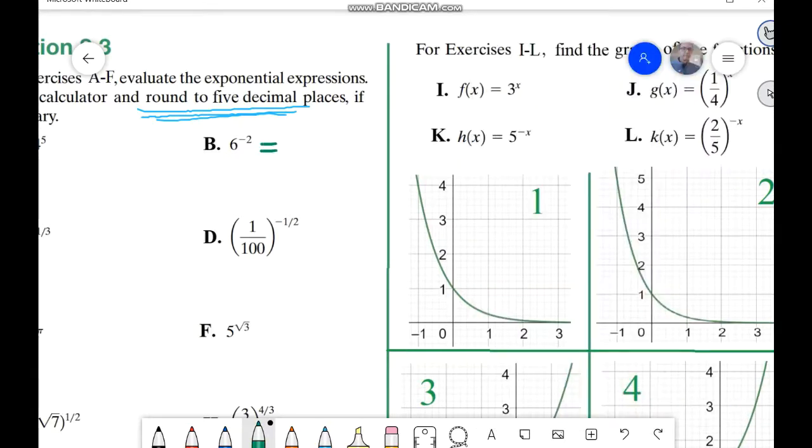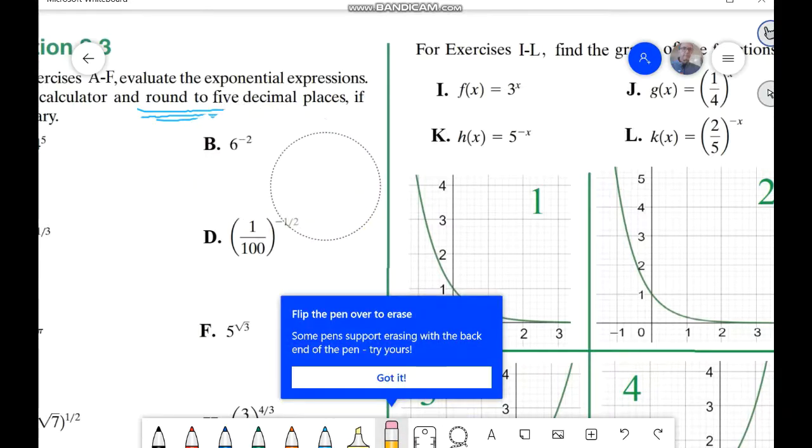The answer is going to be 0.0277, and then we need 8, right? We need 5 decimal places. I have to round the last one to 8. Actually, I think it's not 1 over 34.